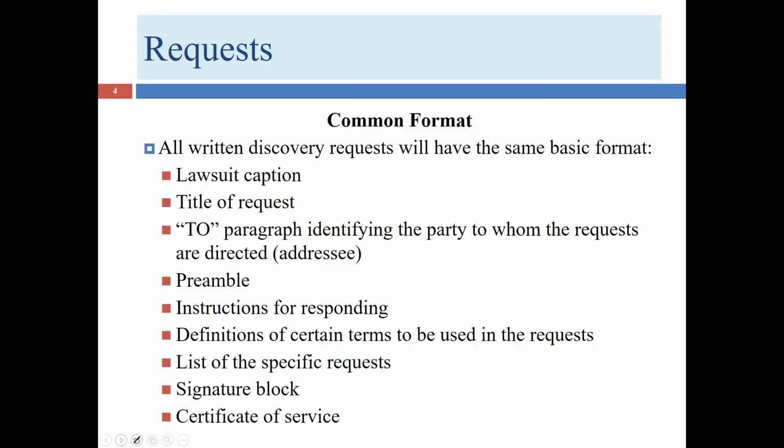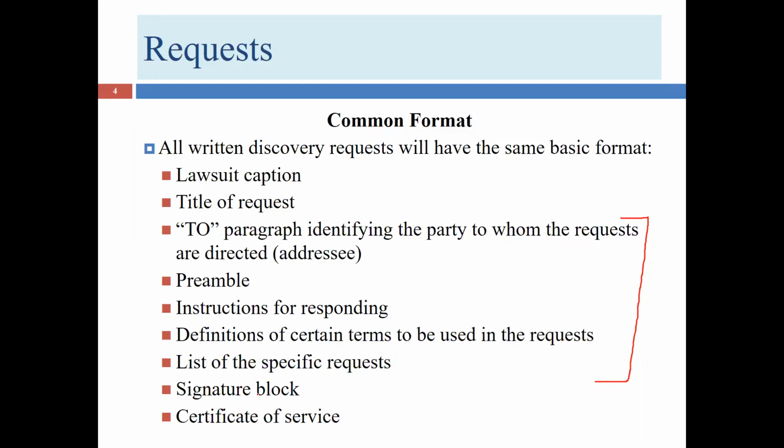That's going to occur in the same spot that we've seen other titles, for example, the original answer. We'll see a new section though here, some new stuff that we haven't seen before. And then we'll have a signature block, which will look essentially like all of the other signature blocks we've looked at. And we'll need to have a certificate of service.